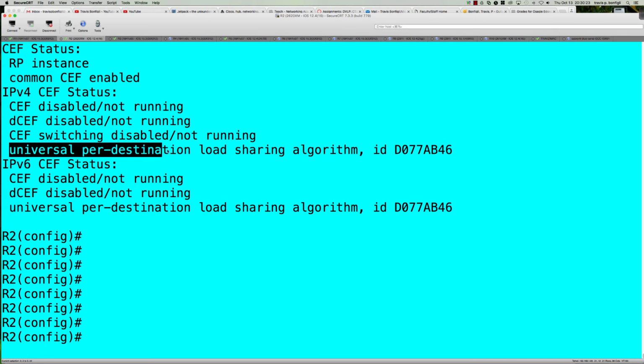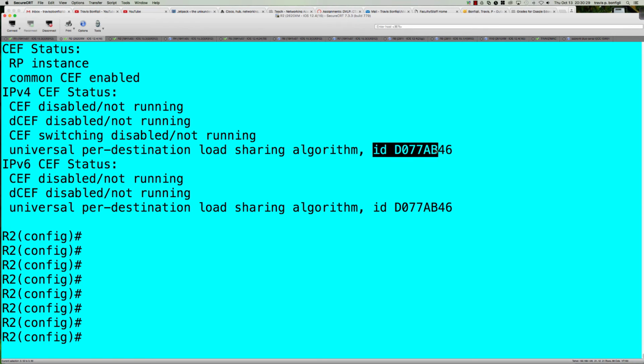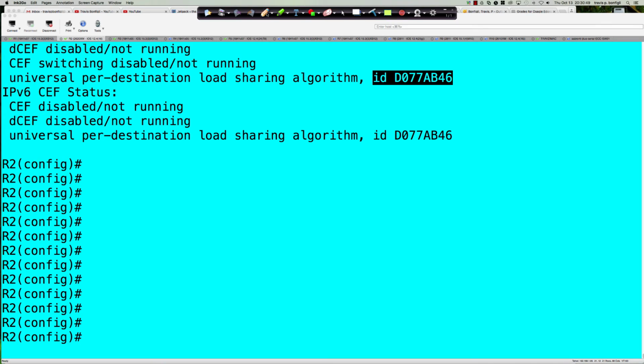Now, we once again see this universal per destination load sharing algorithm along with a universal ID. So by default, remember, CEF switching uses per destination load sharing, and it keeps it unique. What we mean by that is, we talked about polarization, where your traffic, even though you would hope that it is being load balanced, doesn't end up that way.